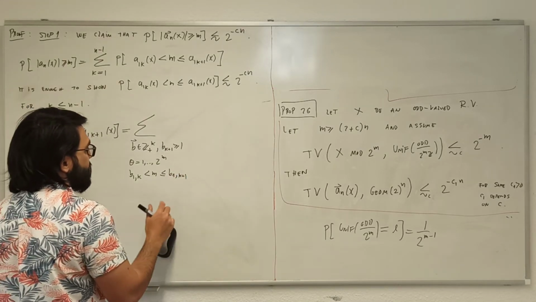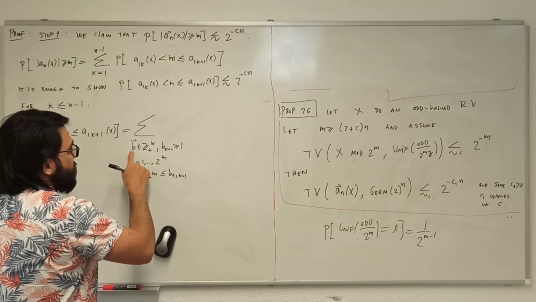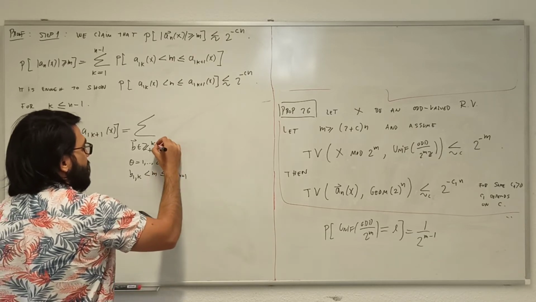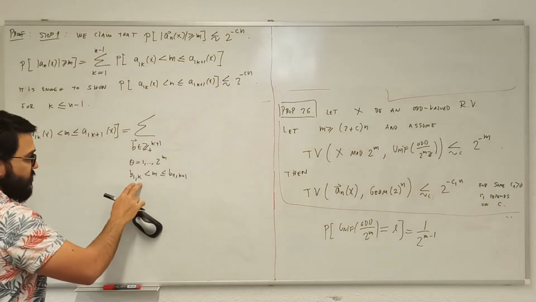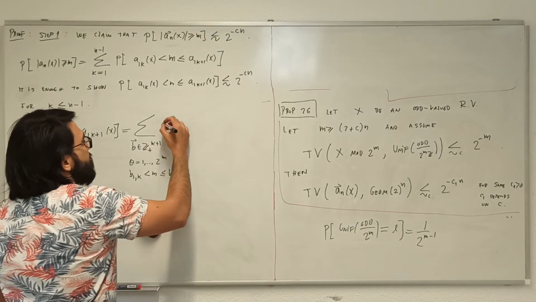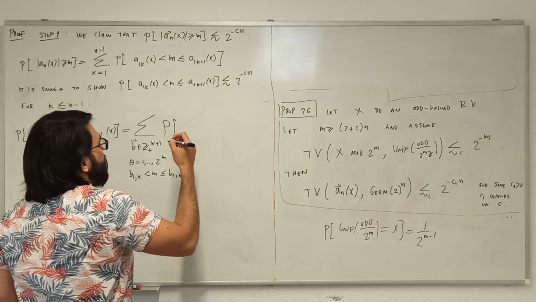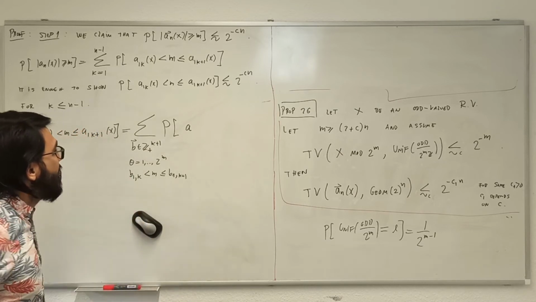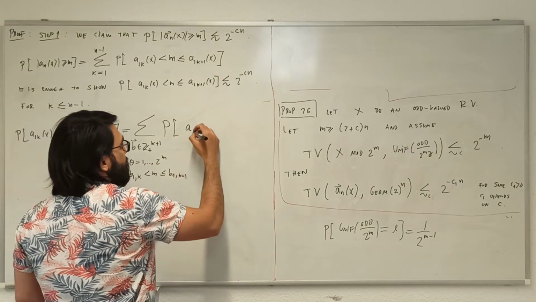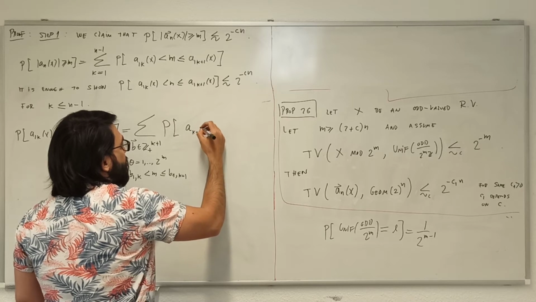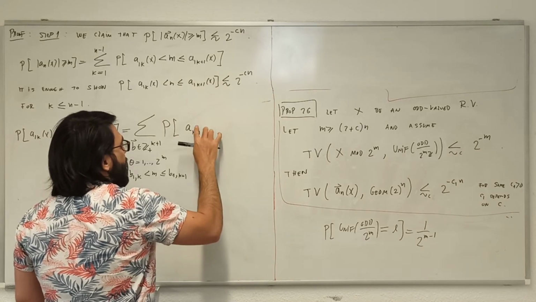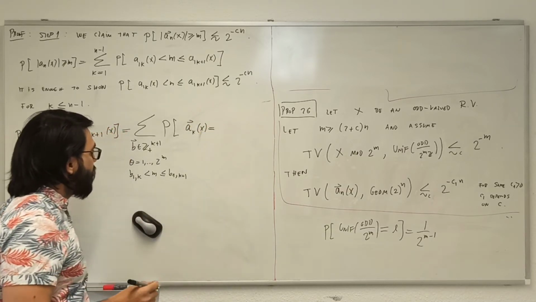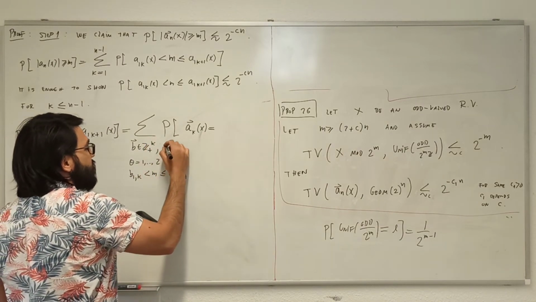So maybe I should put it like this. I'm considering the vector b. And here I'm using again the convention. And here I just have to put the probability of a, in this case just a_{k+1}. So let's say k plus 1. I want to put k, so let's put a_k of x equal, let me put it in the previous form.